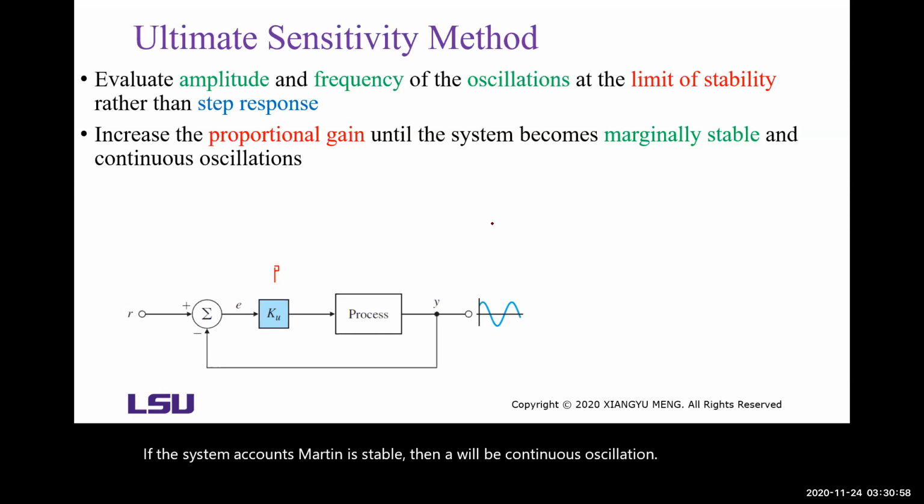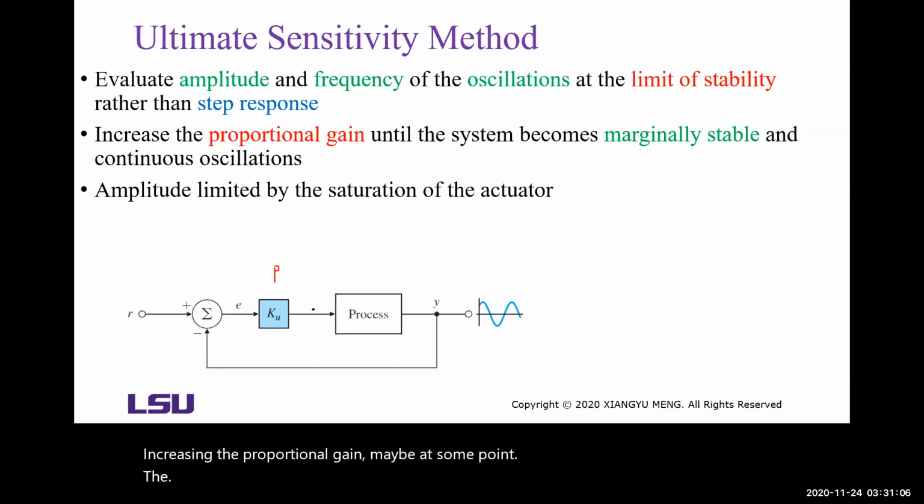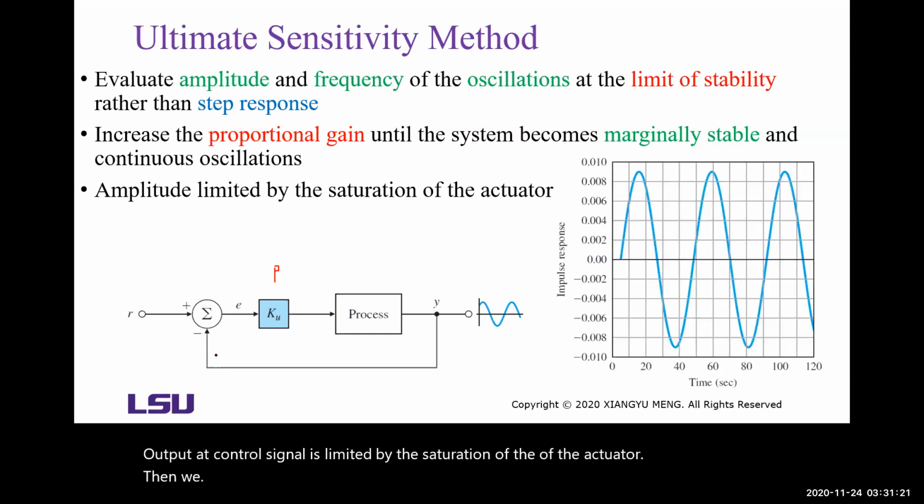So we keep increasing the proportional gain. Maybe at some point, the control signal is limited by the saturation of the actuator. Then we keep a record of the value Ku and the period of the oscillation.